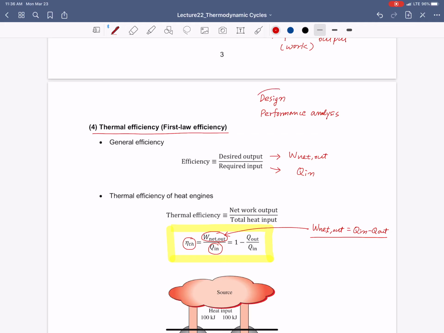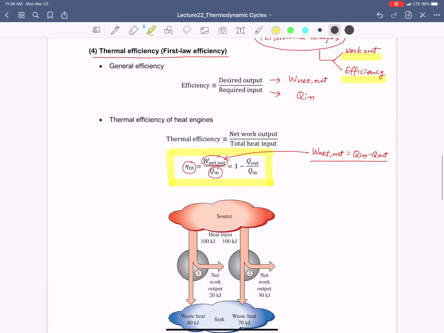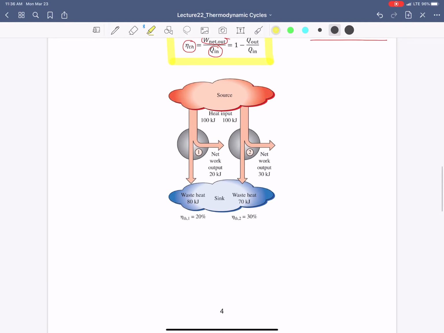When you do those kinds of tasks, what you always have to focus on is two parts. One is how much work you can produce out of this heat engine. But that is not all. How efficient it is. You always have to do both of these.